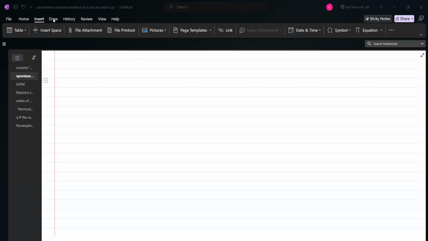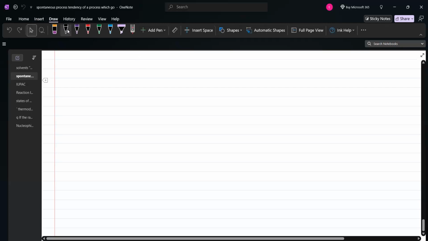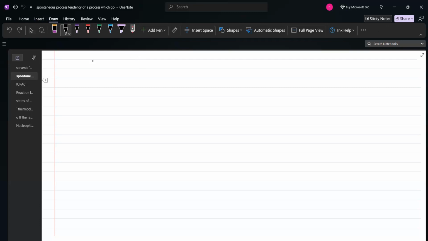Just want to make clear to you that the first law has failed to comment on whether this reaction will take place or not, and therefore entropy comes into play, though it also could not comment fully on whether the reaction will take place or not.